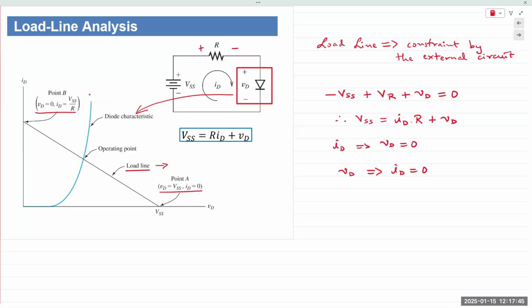That means all of the voltage is being dropped across the resistor. So if ID is equal to 0, VD is equal to VSS. And if VD is equal to 0, meaning there's no voltage across the diode, then the current is simply VSS divided by the resistance, VSS over R. All of the voltage is dropping across the resistor.